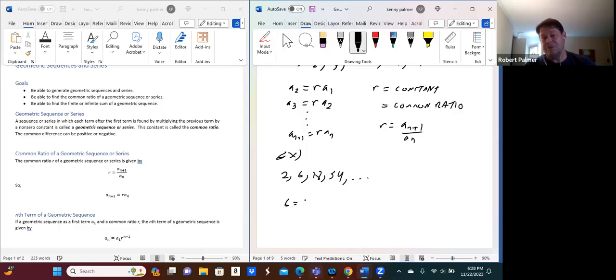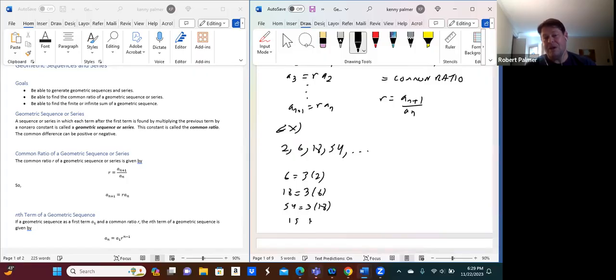Notice that 6 is 3 times 2, 18 is 3 times 6, and 54 is 3 times 18. So this is a geometric series with R equals 3. That's our common ratio.